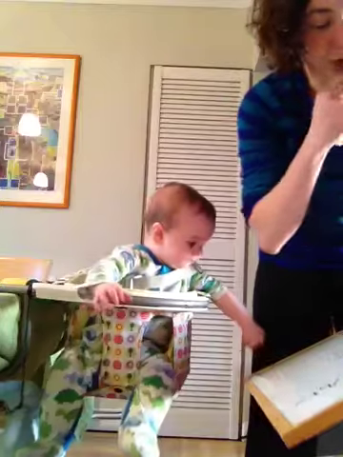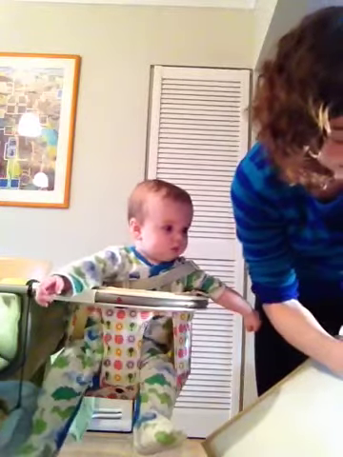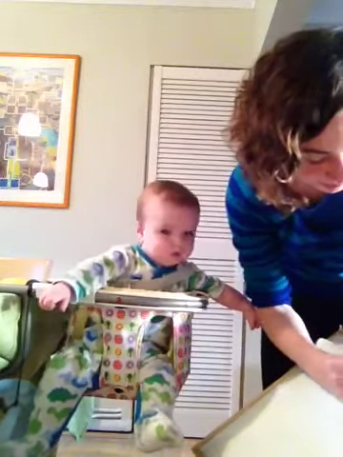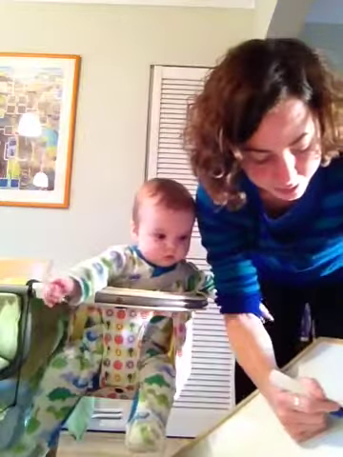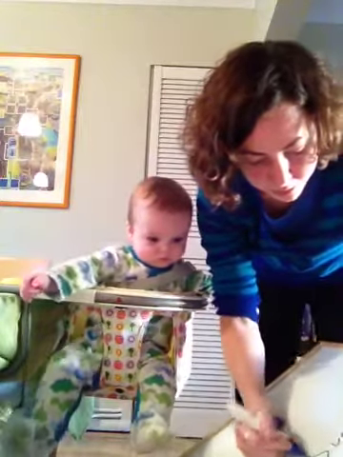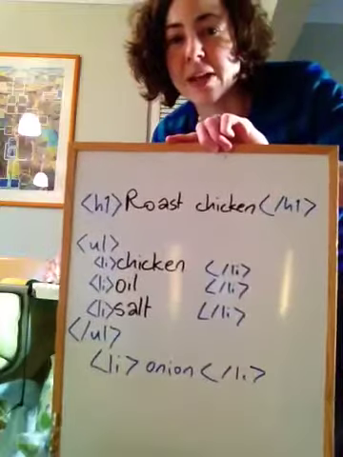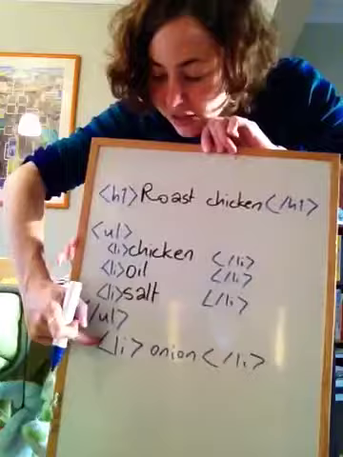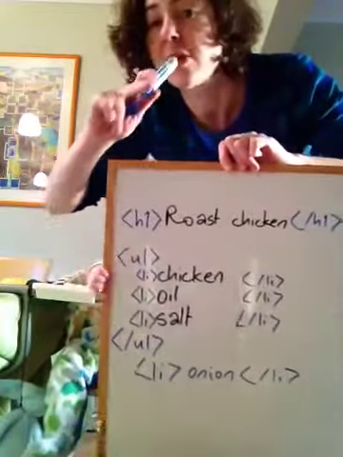If we closed our list, right, close that, and then we just started having list items, onion, again after it, that would actually be invalid. Because that one, Russian doll style, has to sit inside something that says UL.